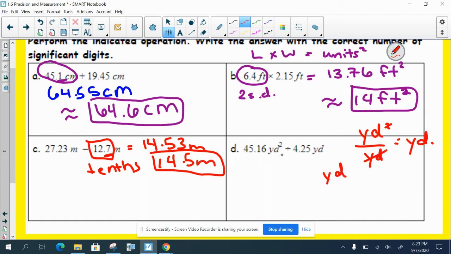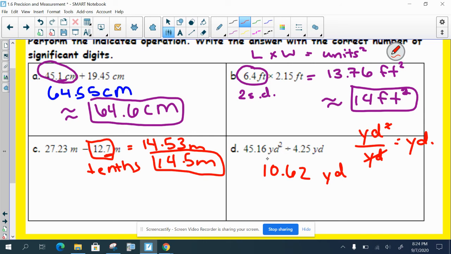So if you divide these two numbers, you get 10.62 in the calculator. Now let's consider the rounding. So which one of these would be least precise? So actually they both have the same level of precision, since they both have the same units, technically we're just in yards, and they both go to the same place value of the hundredths place.